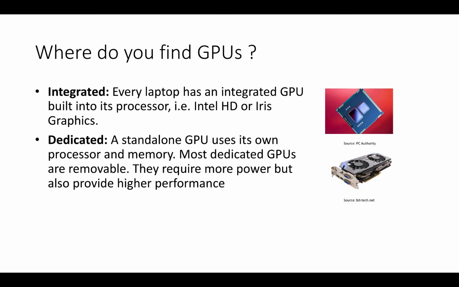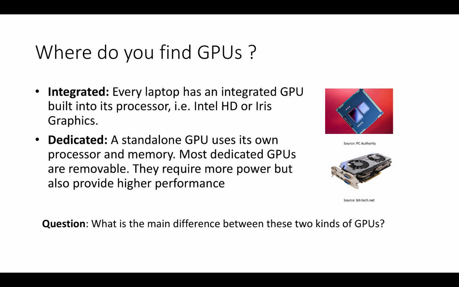The second category of GPU is the dedicated GPU category. This is the category we are more interested in. Dedicated GPUs are standalone GPUs with their own processor and memory. They require more power. Yes, we need to pay energy to move data between GPU and CPU. But these are the GPUs that provide the highest performance. In this course, we are going to use dedicated GPUs.